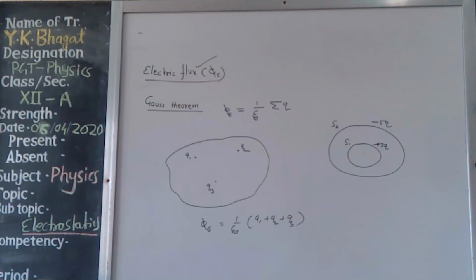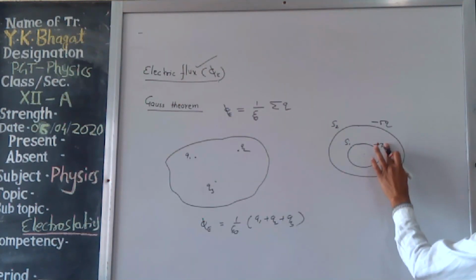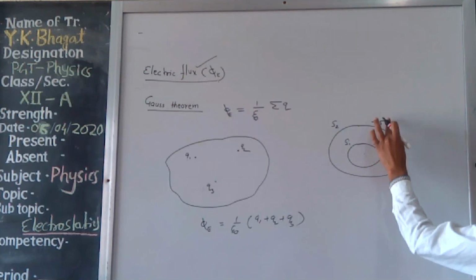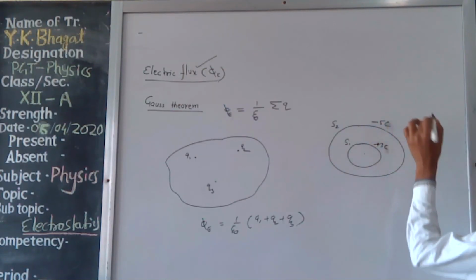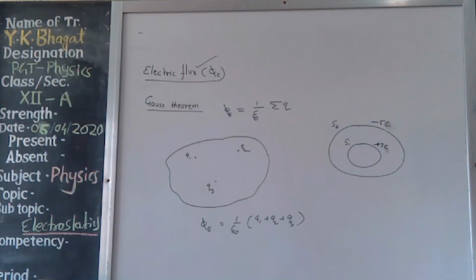These are two charges, plus 3 coulomb and minus 5 coulomb, enclosed by the spheres S1 and S2. Then what will be the electric flux passing out through the surface of S1 and through the surface of S2?